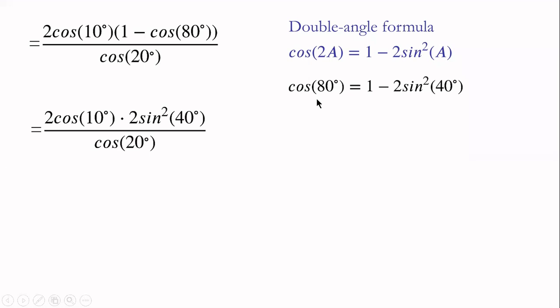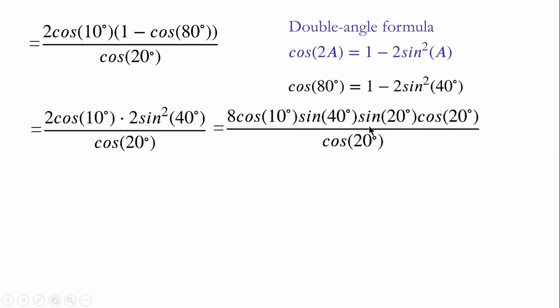So 1 minus cosine 80 degrees equals 2 sine squared 40 degrees. So we write 2 sine squared 40 degrees here. Sine squared 40 degrees is equal to sine 40 degrees times sine 40 degrees.